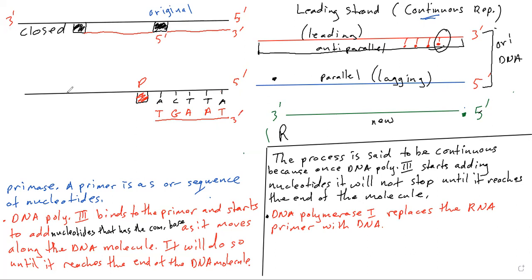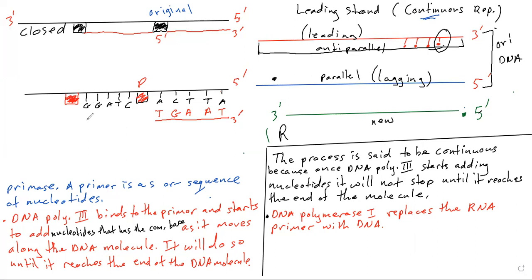And then some more of it would have been opened up and say I make a new primer. Let's say in this portion, you have G, G, A. DNA polymerase will come again.